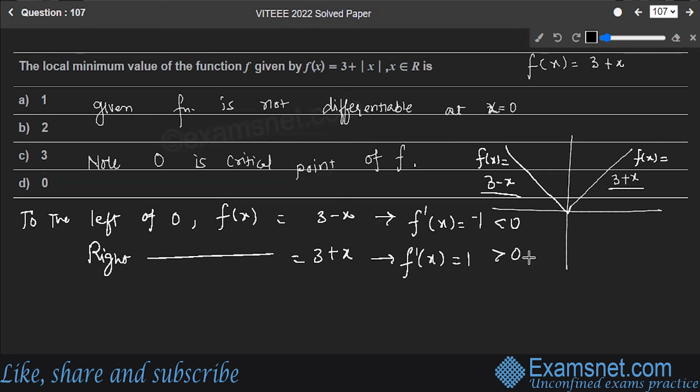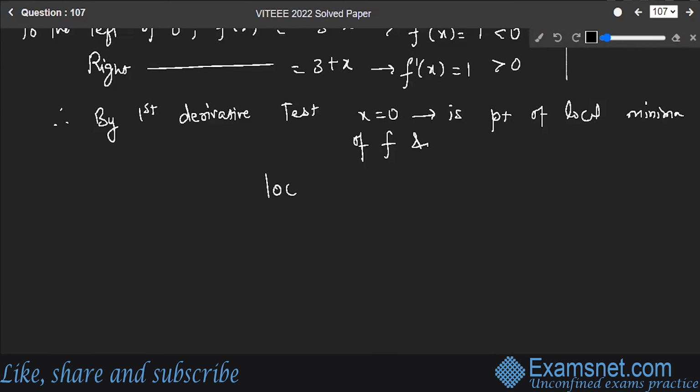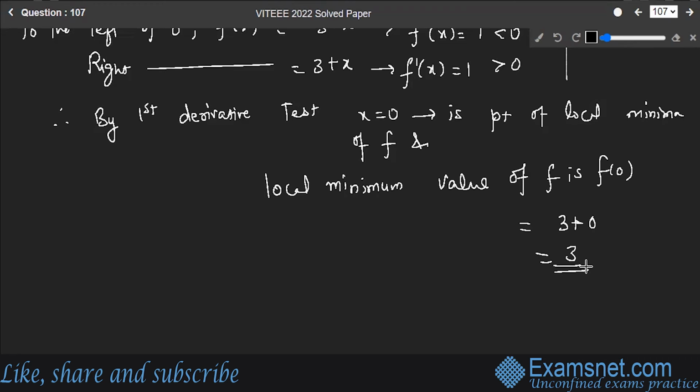Therefore, by the first derivative test, x is equal to 0 is the point of local minima of f, and the local minimum value of f is f of 0, which will be equal to 3 plus 0, or 3.